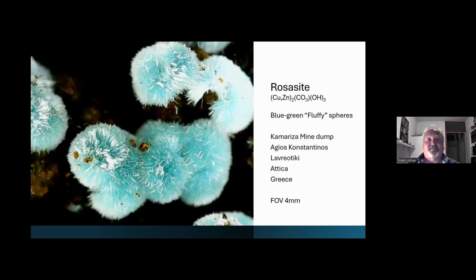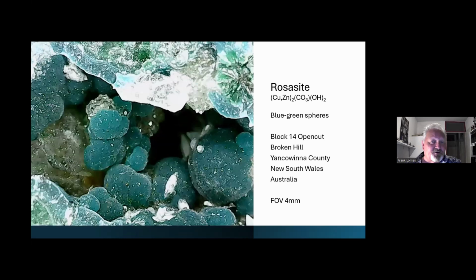Rosasite. This is the nicest rosasite I have in my collection. It forms blue-green fluffy spheres from the Kamariza mine dump in Lavrion in Greece. But rosasite can also be just blue-green spheres. This one comes from the Block 14 open cut in Broken Hill in Australia.